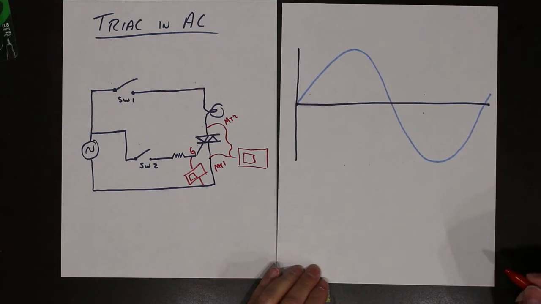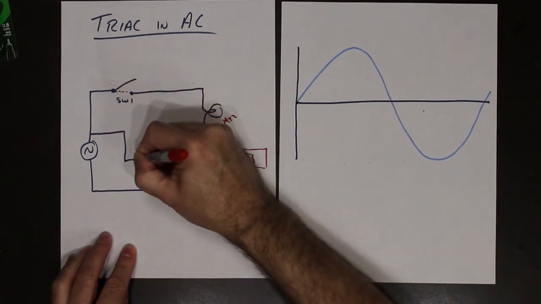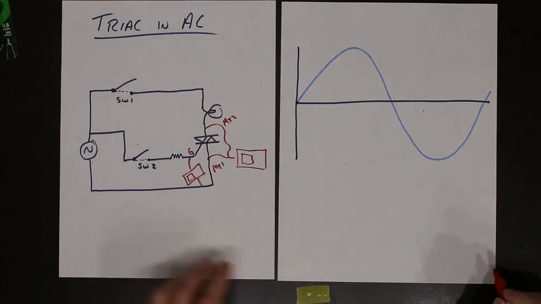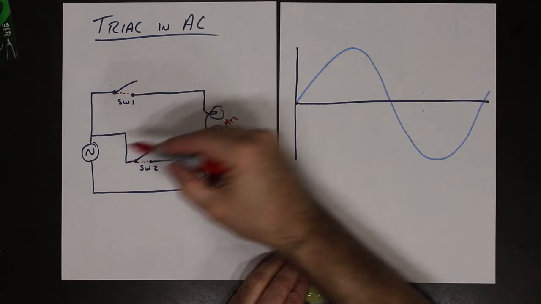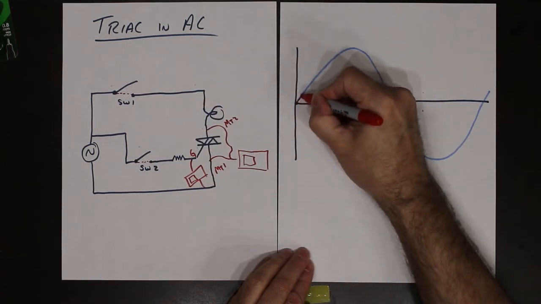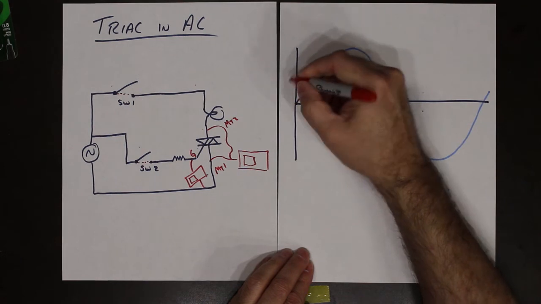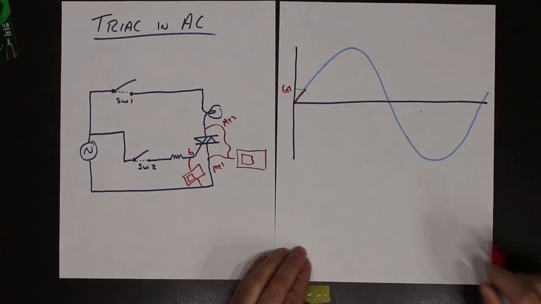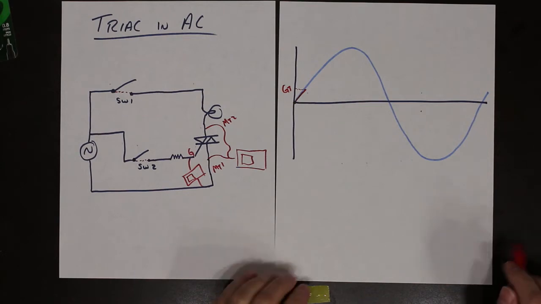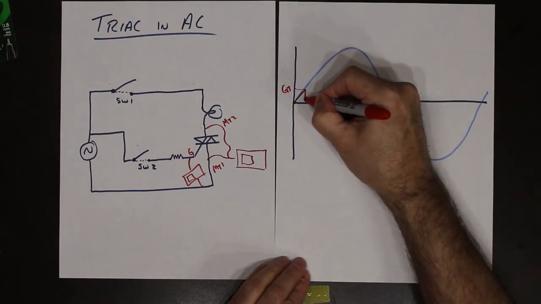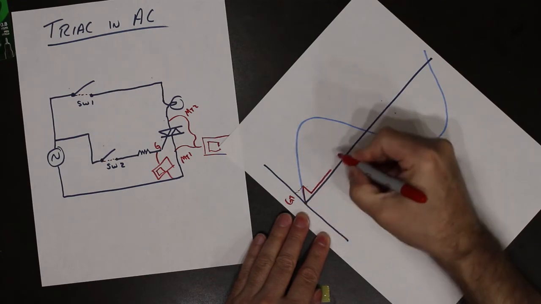Starting at the 0 point on our waveform, we're going to close both of these switches. As the voltage starts to rise, eventually it's going to reach the point where we achieve the trigger voltage. At that point in time, our triac will turn on and conduct.